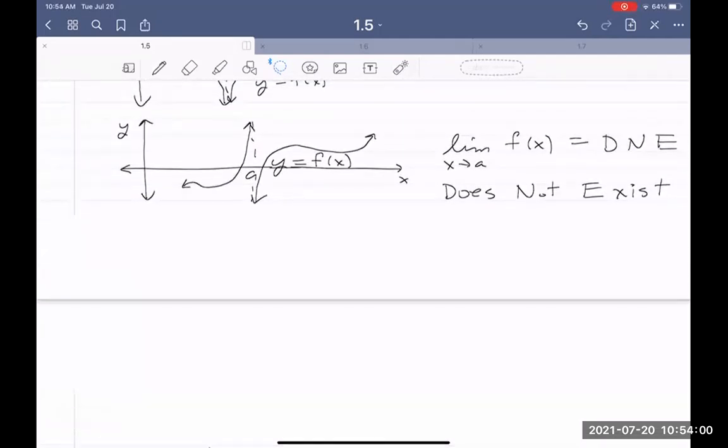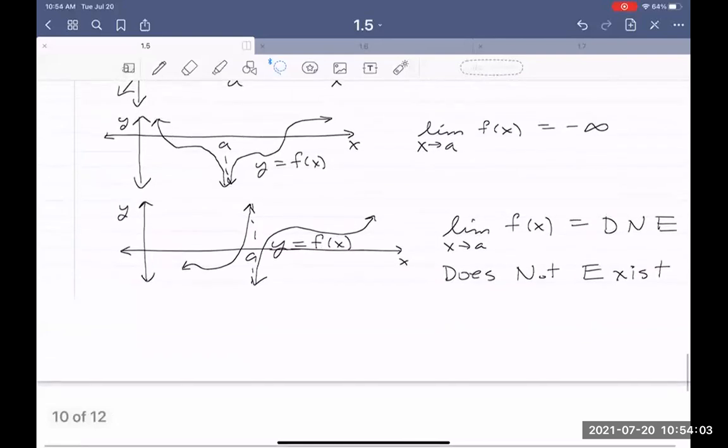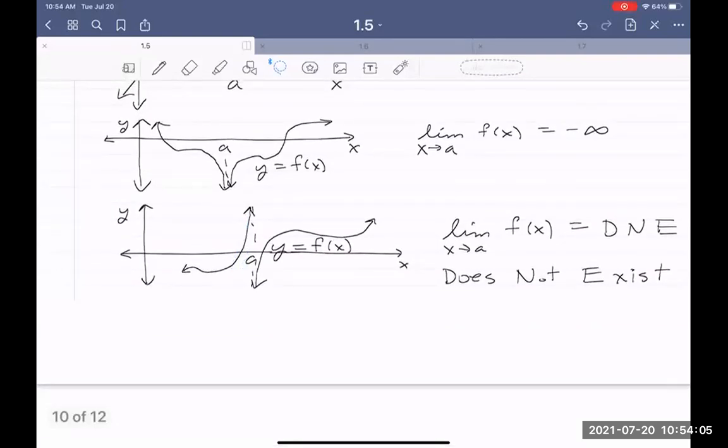Next, if as x approaches A, on one side you go to something, but on the other side you go to something else, then we say that this limit does not exist. So the limit as x approaches A of f of x does not exist. We will usually abbreviate does not exist by DNE.